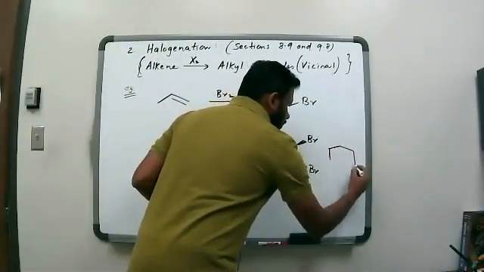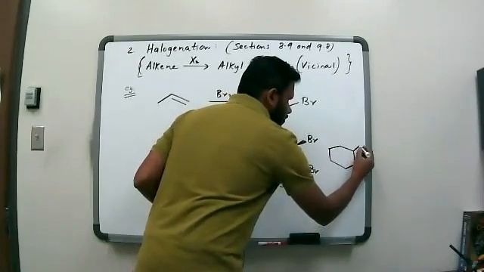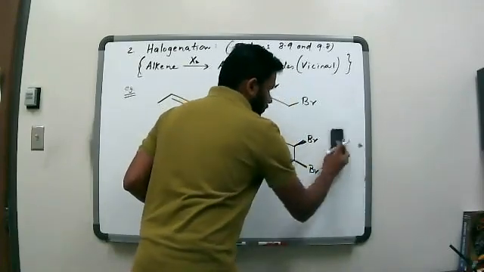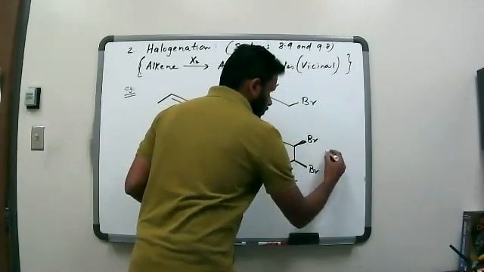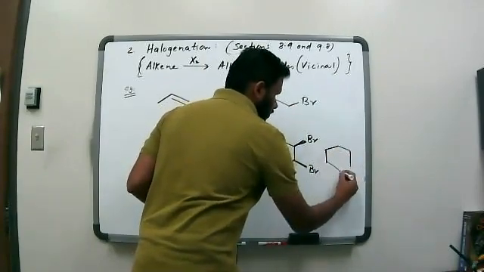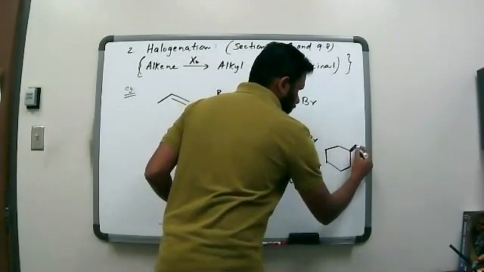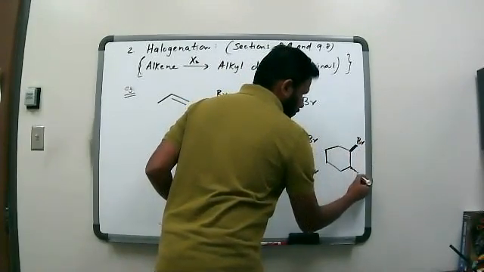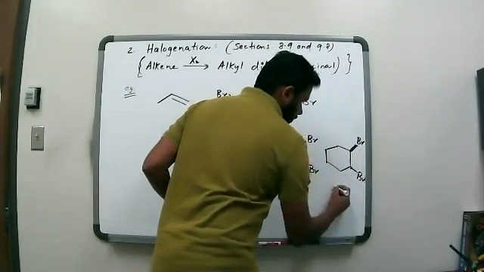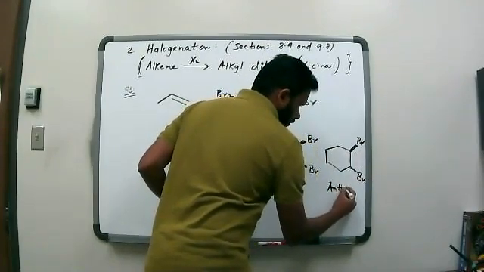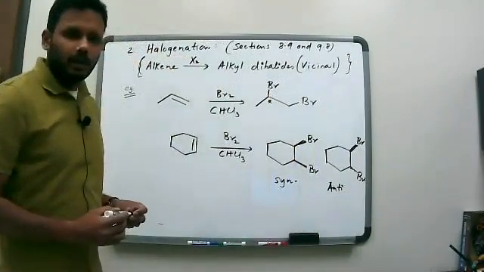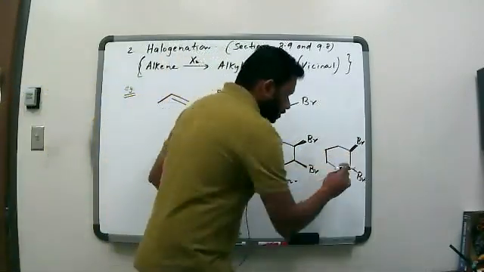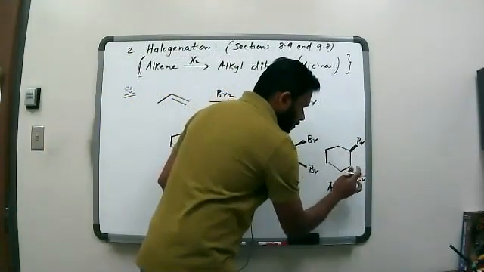Or the other possibility is that the bromines are anti to each other. That means one of the bromines is on a wedge and the other bromine is on a dash, okay?